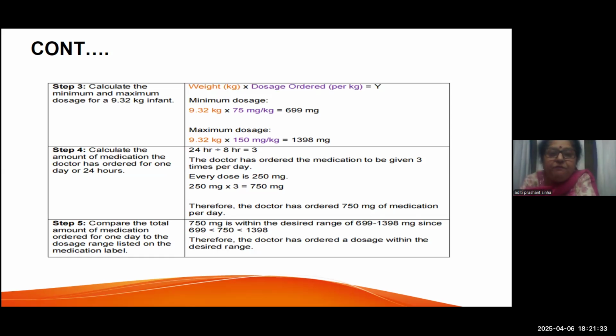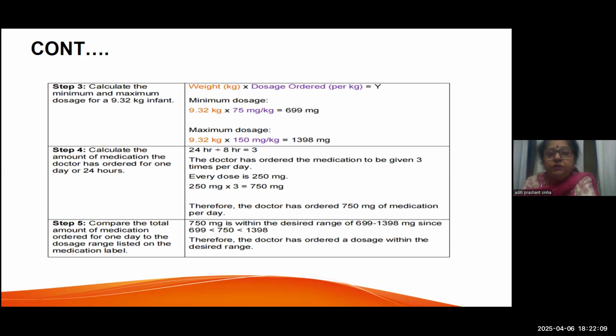So here you have 9.32 and the minimum desired dose is 75 milligram per kg. So 9.32 into 75 milligram is coming as 699 milligram, and the maximum dose is, because the range was 150, 9.32 kilogram into 150 milligram per kg, that comes at 1398 milligram.